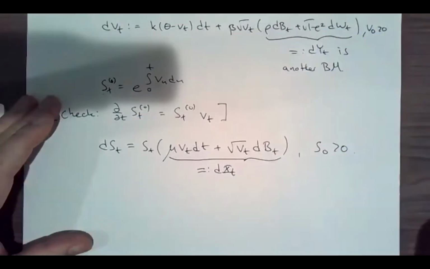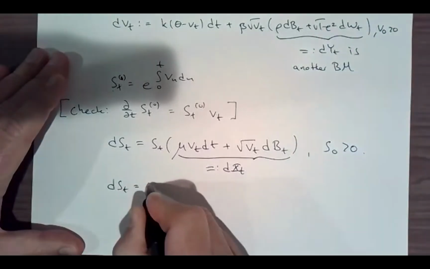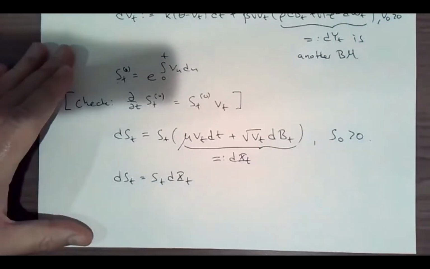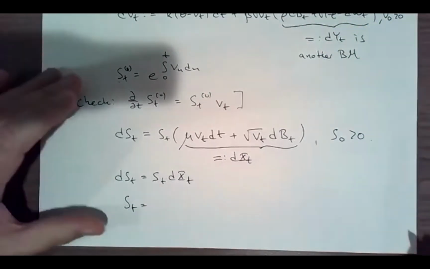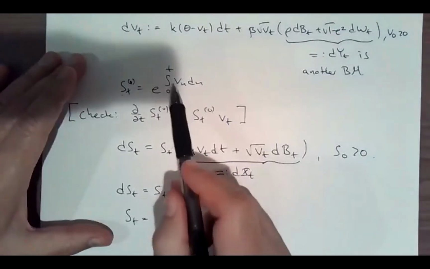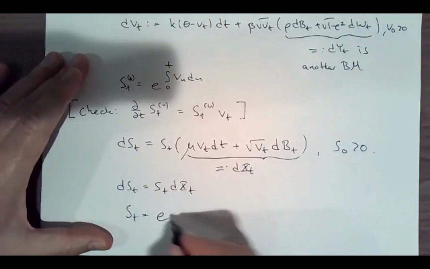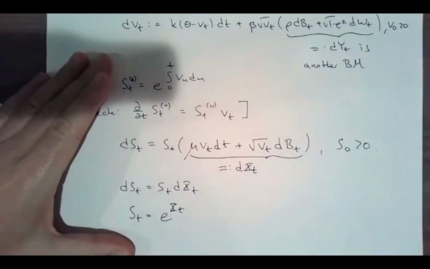So if we call it X_t, right, then what is the solution to an equation like this one? Can we write S_t as equal to something? Well, what we could do is try to mimic this exponential, and then we could put X_t here.